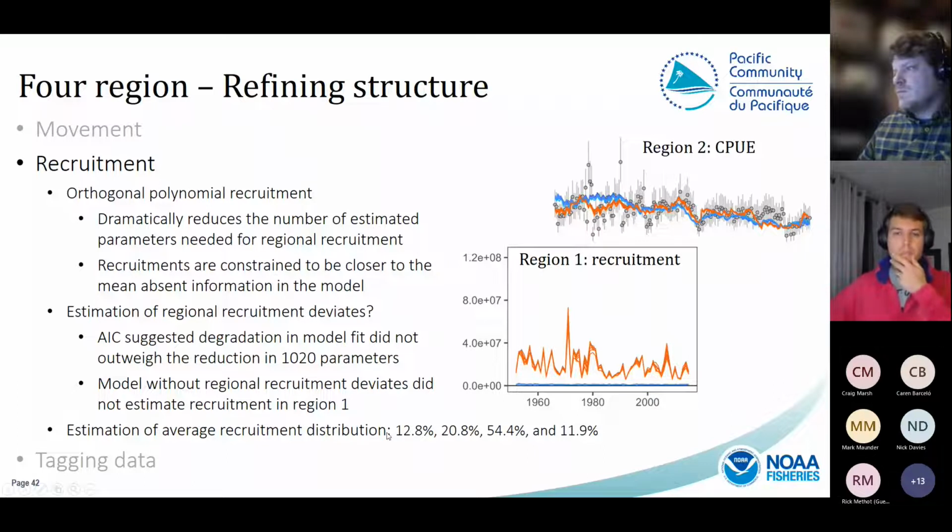So while not biologically realistic or matching the OM, Multifan is finding a way to produce recruits somewhere else in the model to shove into region 1 where a lot of the fisheries action is happening. And there's a trade-off that you're seeing between the average recruitment distribution and the movement rates estimated between those regions.